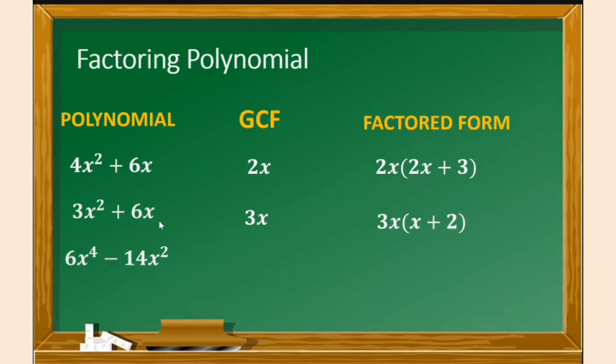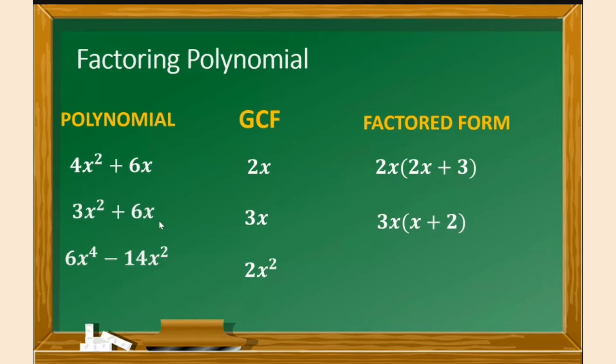And then, what is their common? 2. Very good sila. Sila lang sumasagot. And then, the variable is x squared. Okay? So our GCF is 2x squared.